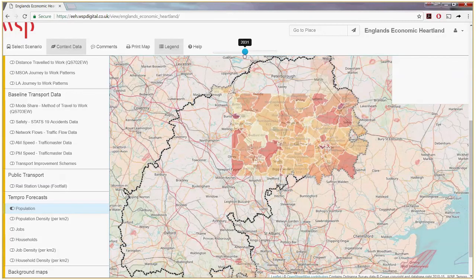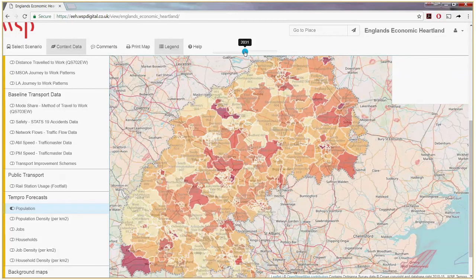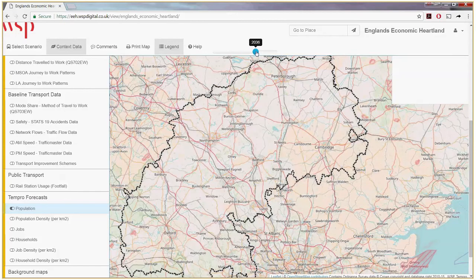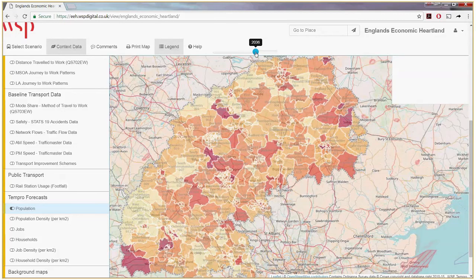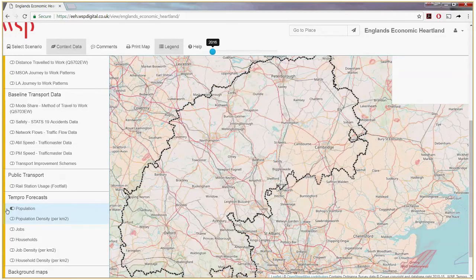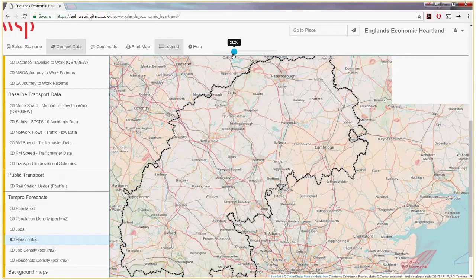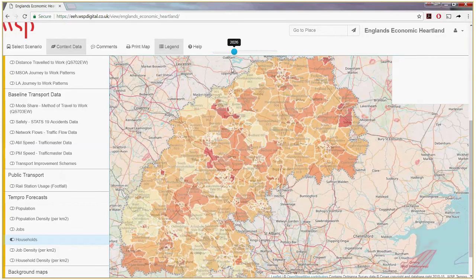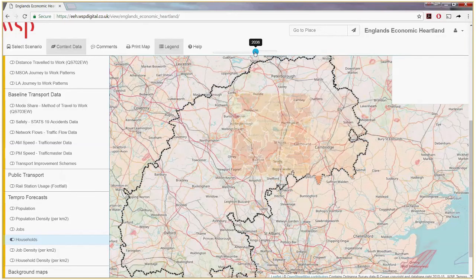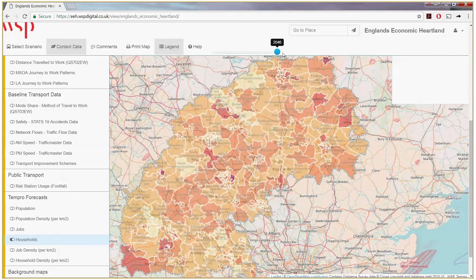So here we can see the colours are darkening as population is increasing across the region through time. Households are increasing a bit faster because the current phenomenon that household size is declining as people get better off is expected to continue throughout these forecasts.